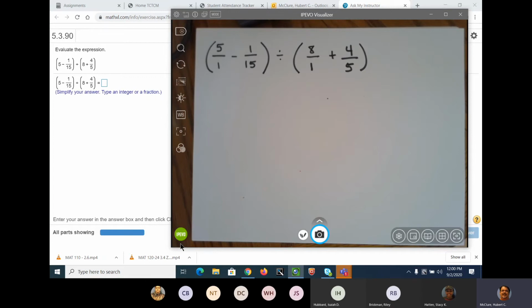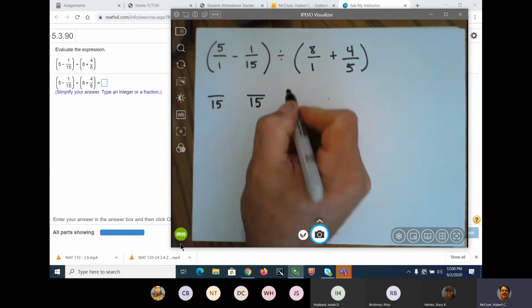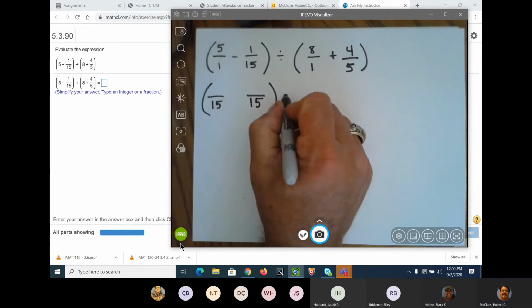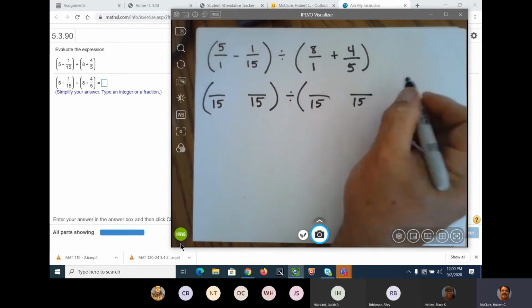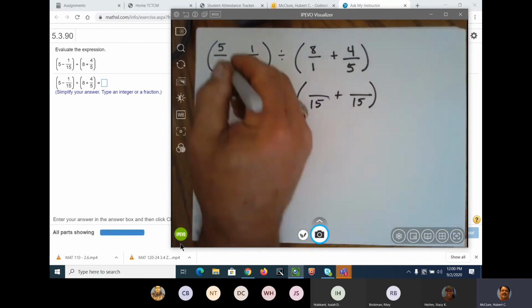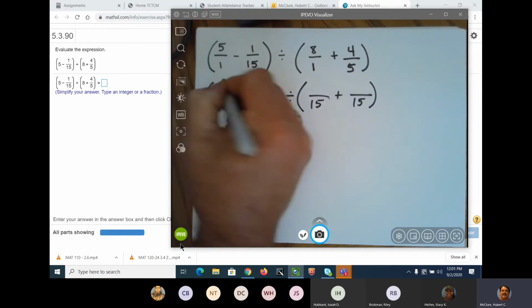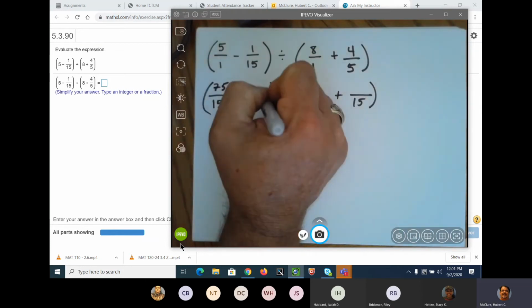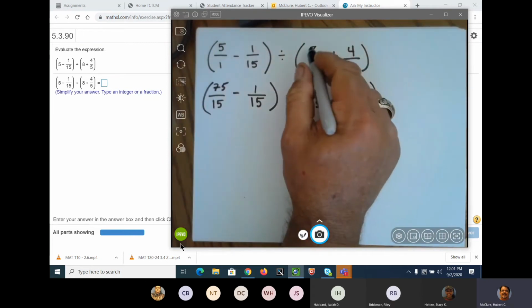I can't tell you what that means, but, I'm sorry. All right, so here we go. 5 minus 1 over 15, divided by 8 plus 4 over 5. Now, how many times will 1 go into 15? 15 times. 15 times 5 is 75. 15 will go into 15 1 time, and 1 times 1 is 1. 1 will go into 15, 15 times 8.